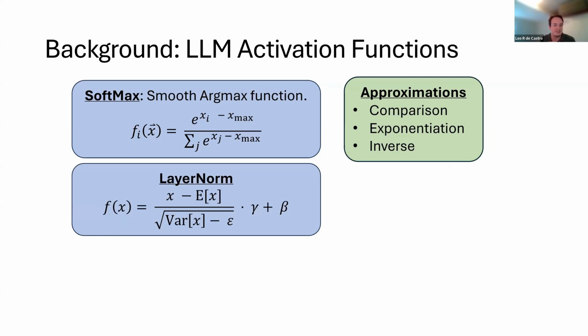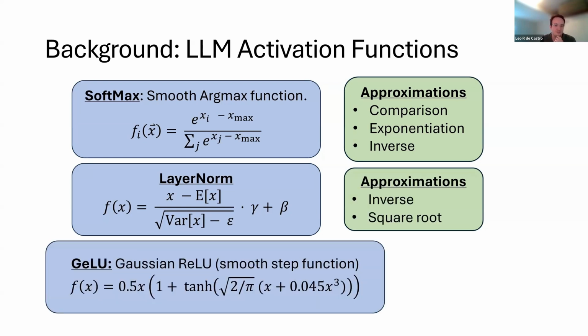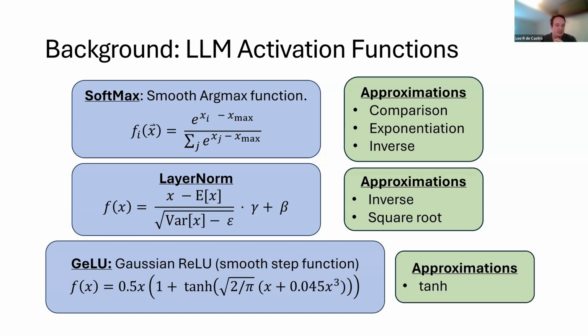We also have this layer norm function, where the key non-linearity is an inverse square root function. And then finally, we have this Gaussian ReLU, which you can think of as a smooth step function. And the main function to approximate here is a tanh.